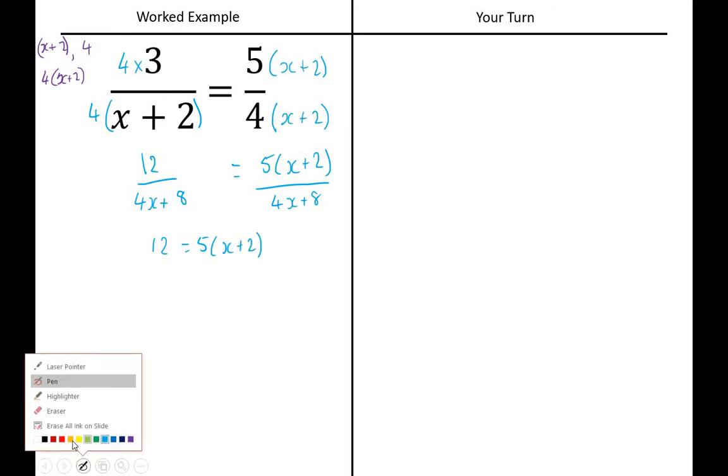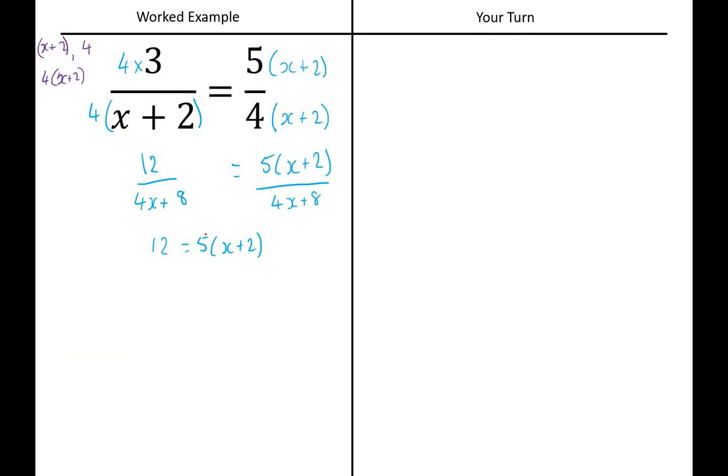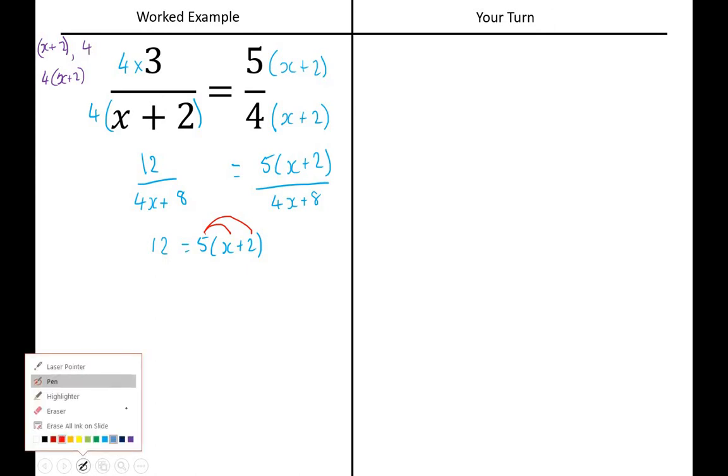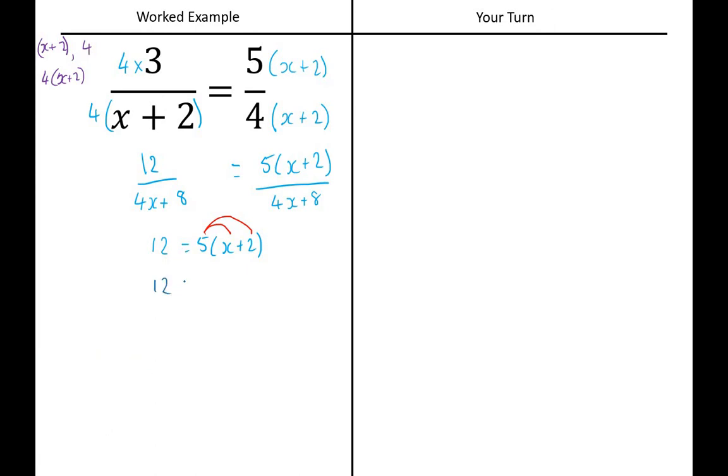So then we carefully can solve this by multiplying out 5 times x and 5 times 2. Okay, and that will give us 12 is equal to 5x plus 10. Subtracting 10, we get 2 is equal to 5x, and then divided by 5, we get 2/5 is equal to x.